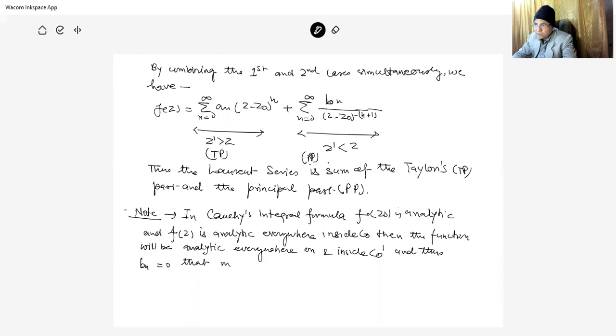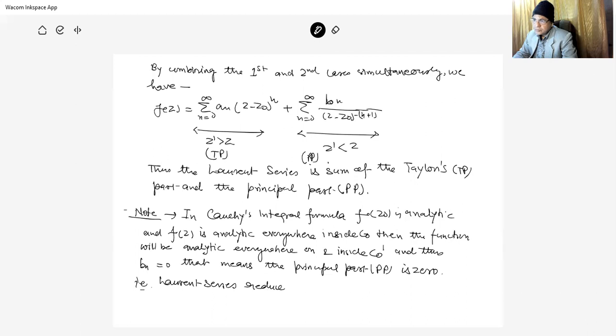That means the principal part PP is 0. That is, the Laurent series reduces to the Taylor part. The Laurent series reduces to the Taylor part.